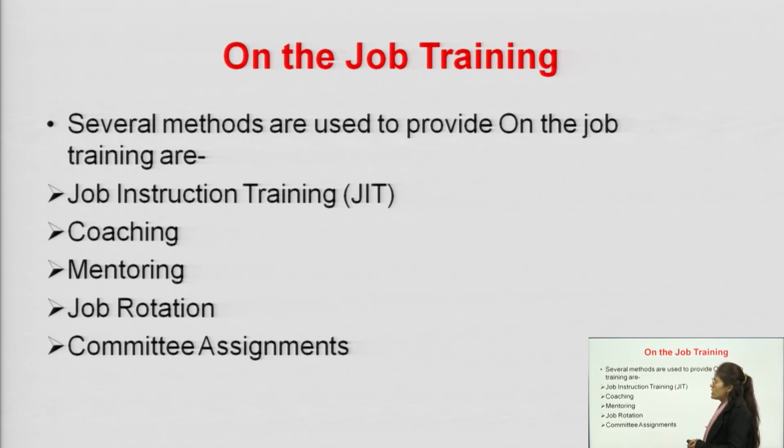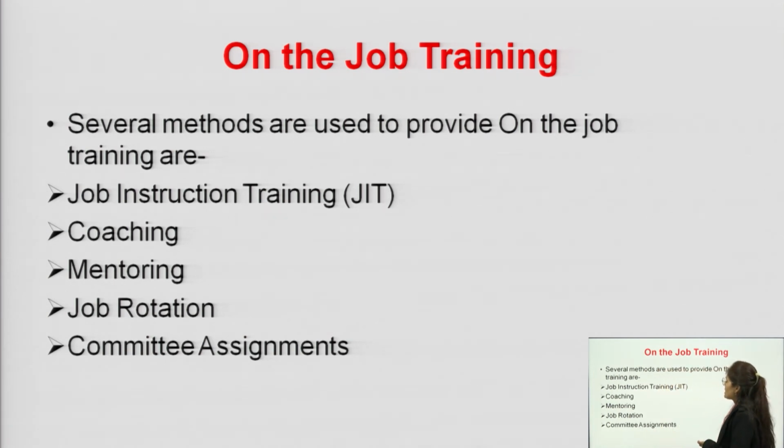Next one is job rotation. Obviously, job rotation is a learning by doing method where people learn by moving from one job to another job, and this kind of method is normally given when they want to make people versatile.